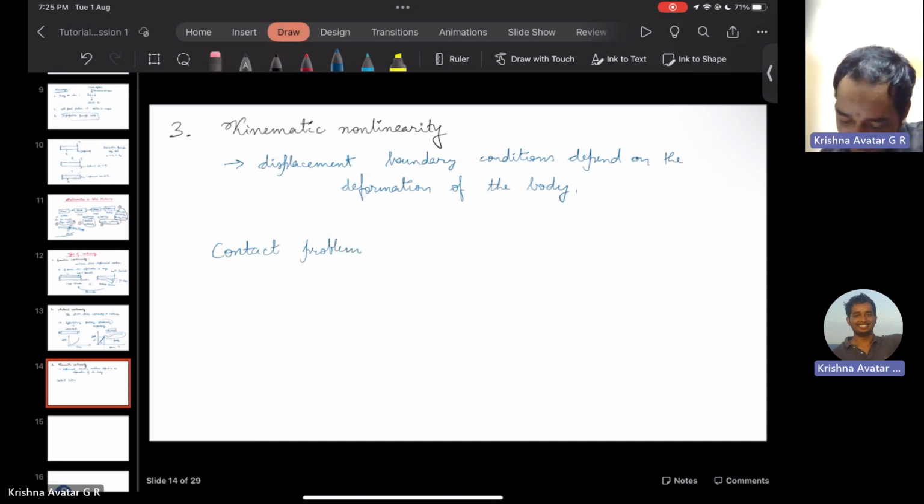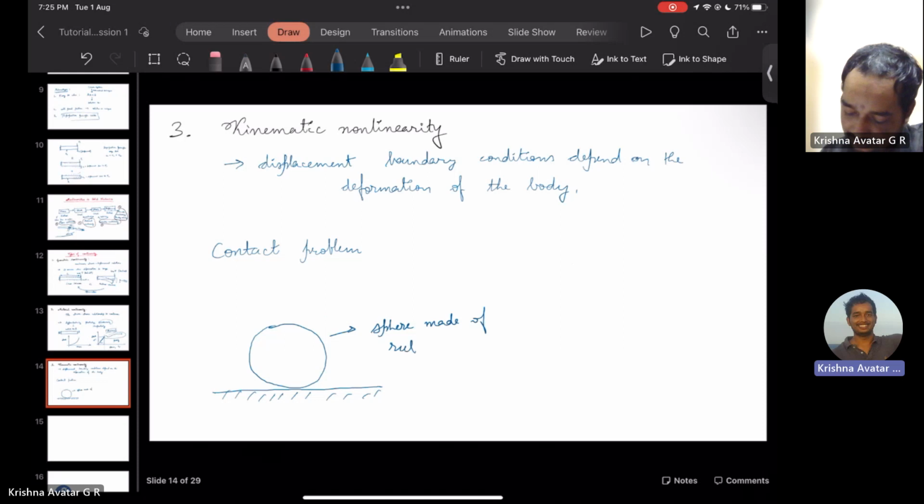Say you have a flat bed, and you have a sphere made of rubber, and then you are applying a load on this.